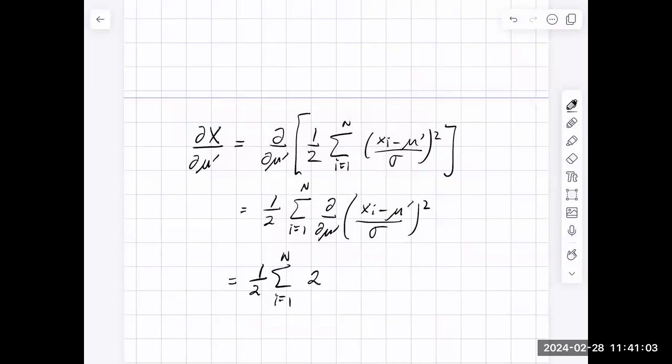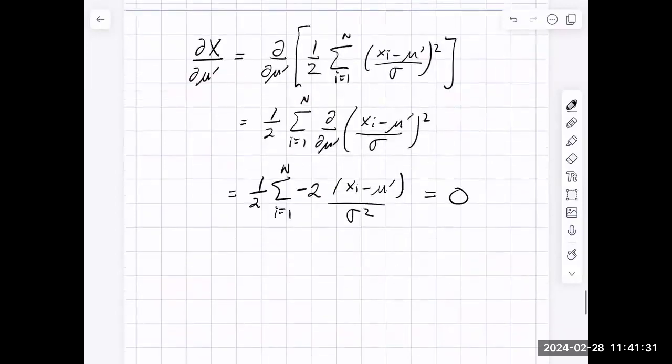Okay, so this would end up being a 2 times (xi minus mu prime). There's still going to be a sigma squared, and we're going to pick up a minus sign because there's a negative in front of this mu prime. Okay, so I think that's the result that we get, and then we want to set that equal to 0.